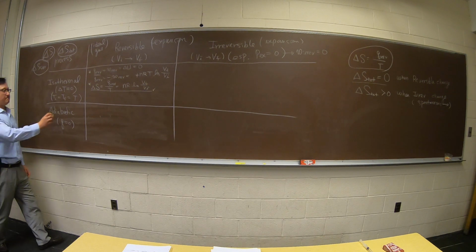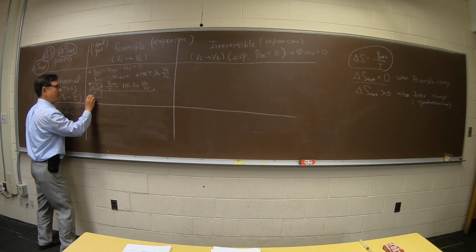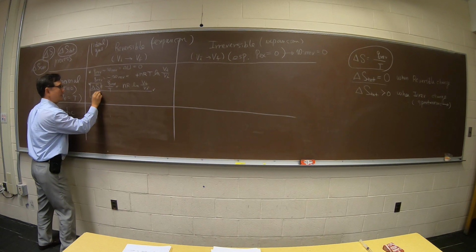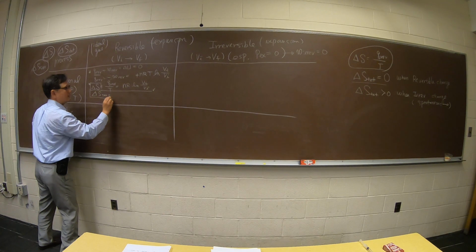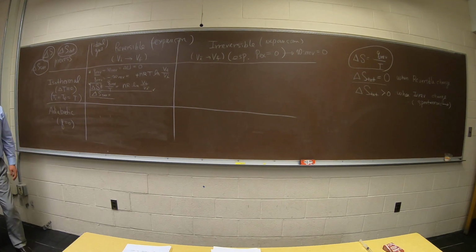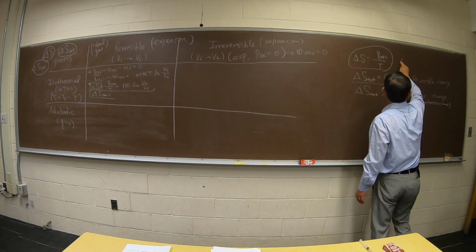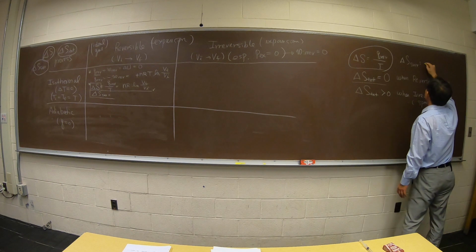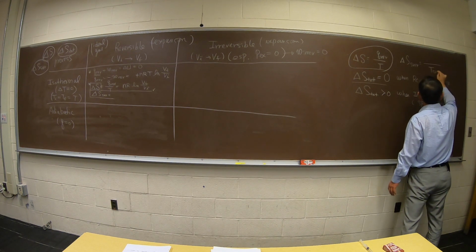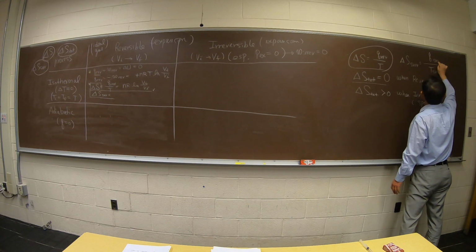Okay. What about my delta S surrounding? I think I have to write that one. Delta S surrounding is Q surrounding over T surrounding.